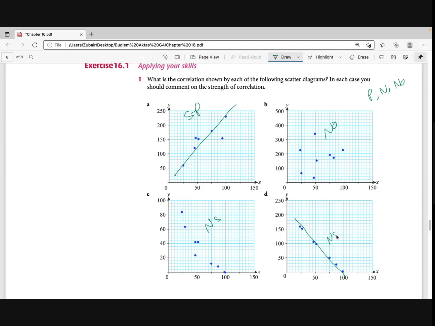Now I'm comparing C and D, and I want to reconsider my answer based on D. Maybe I'll say negative and fairly strong. So then should A also change?